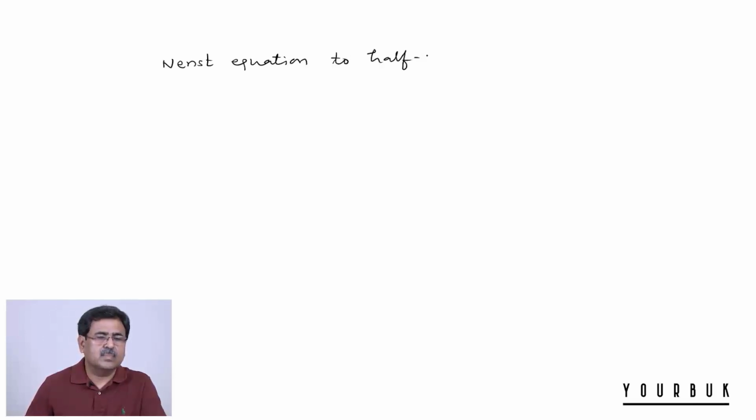Now, suppose you are given this: E degree of silver plus to silver, the standard electrode potential of the silver electrode, is 0.80 volt.